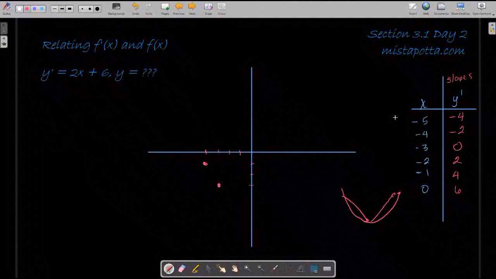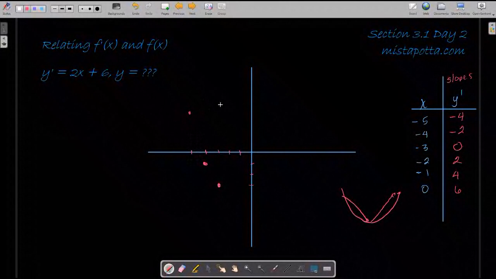Similarly, when x equals negative 5, my slope should have been a negative 4, so that means I'm going over 1 and down 1, 2, 3, 4.